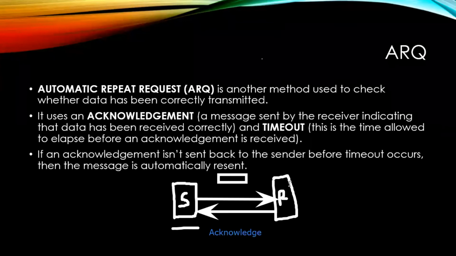Whenever we give a descriptive question on ARQ, we expect you to give us terms like acknowledgement. What is acknowledgement? A message sent by the receiver indicating data has been received correctly. Timeout is a time elapse before an acknowledgement is received. If not, the packet is resent automatically.